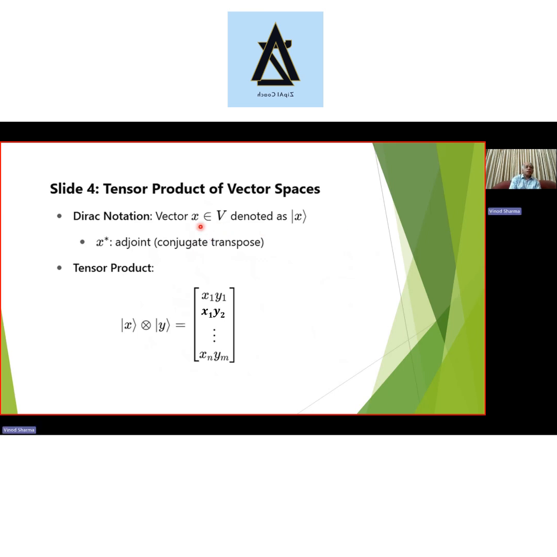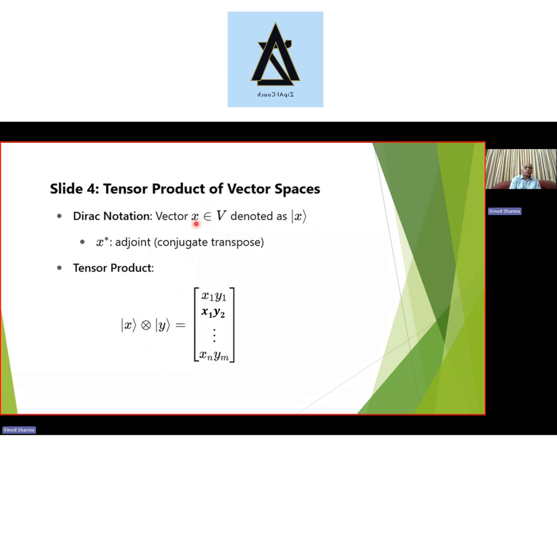If V is a vector space and X belonging to V is a vector, so far we have been writing vectors X in V like this. But in quantum mechanics, they use Dirac notation, where this vector X will be denoted by this symbol. If you remember, in the beginning of this lecture, we started with states 0 and 1. They were given in this notation.